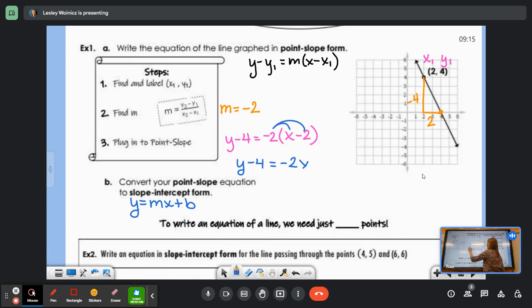Negative 2 times negative 2 makes positive what? 4. Okay, good recovery. And add 4 to both sides. And then y equals negative 2x plus 8. Bingo. Doesn't it look like it should hit at about 8 up here?